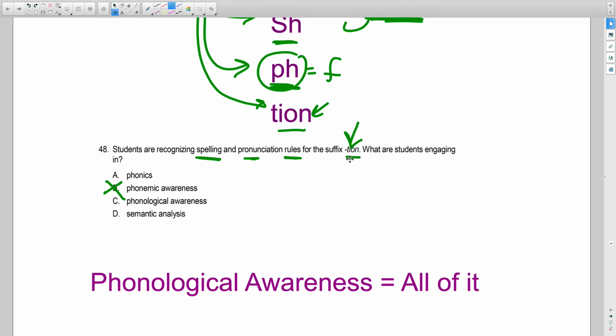Now, it certainly makes a sound, but the sound is attached to the letters. And that's where it's different than phonemic awareness. Phonological awareness, that's not this right now, but we'll talk about phonological awareness later. Semantic analysis, remember, is meaning, and we're not talking about meaning here. We're talking about pronunciation rules. Anything that has to do with rules is going to be your phonics.